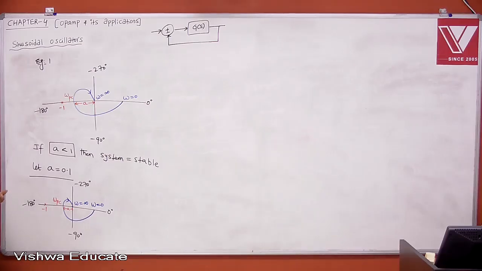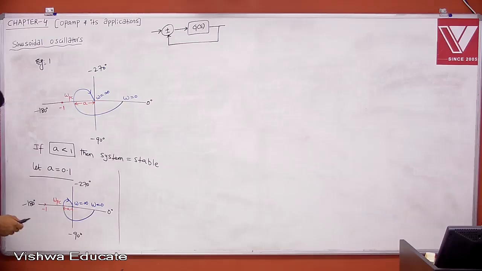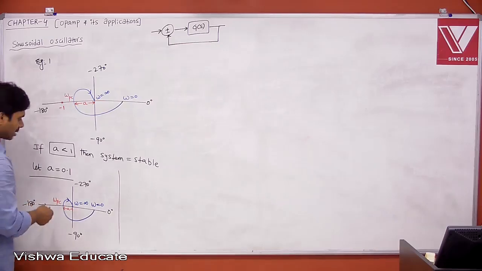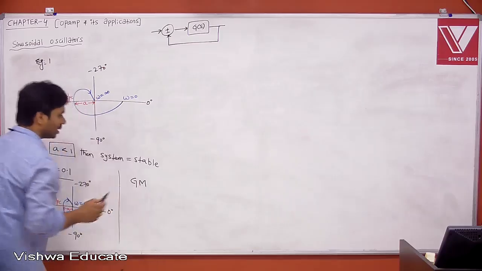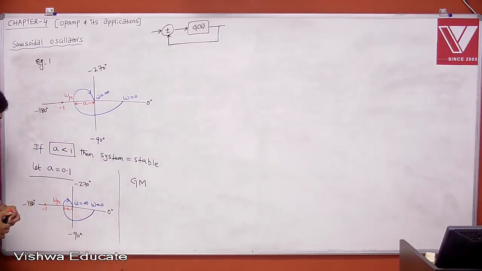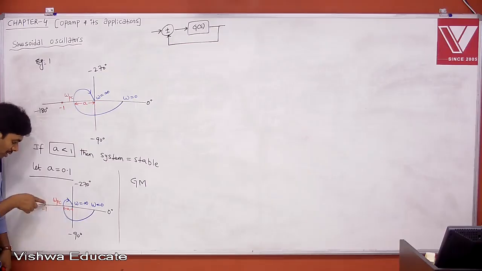Now tell me, if A is equal to 0.1, what is the gain margin? Gain margin is defined as the factor by which you multiply A, which is 0.1, such that it reaches or crosses 1.